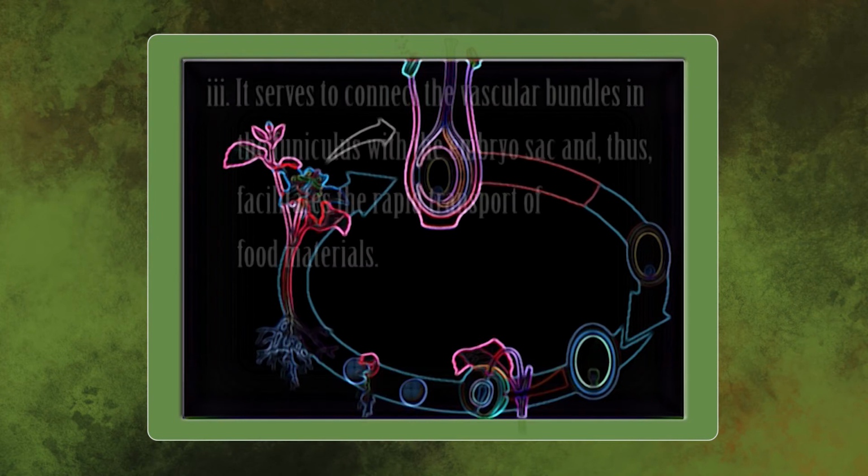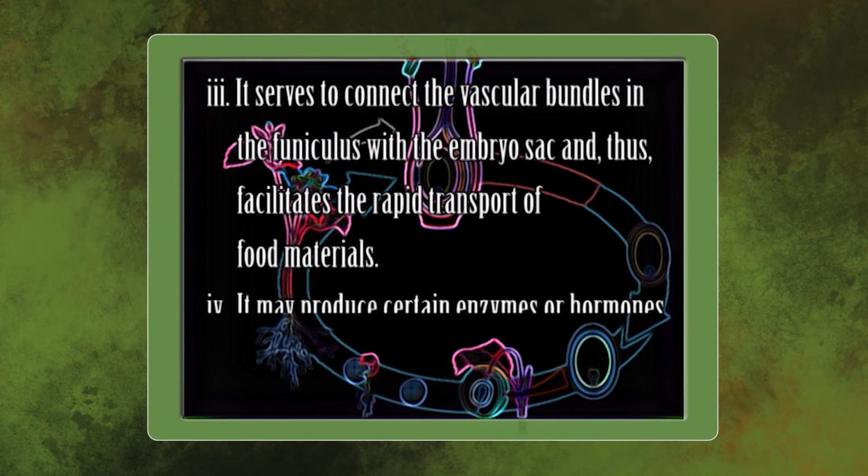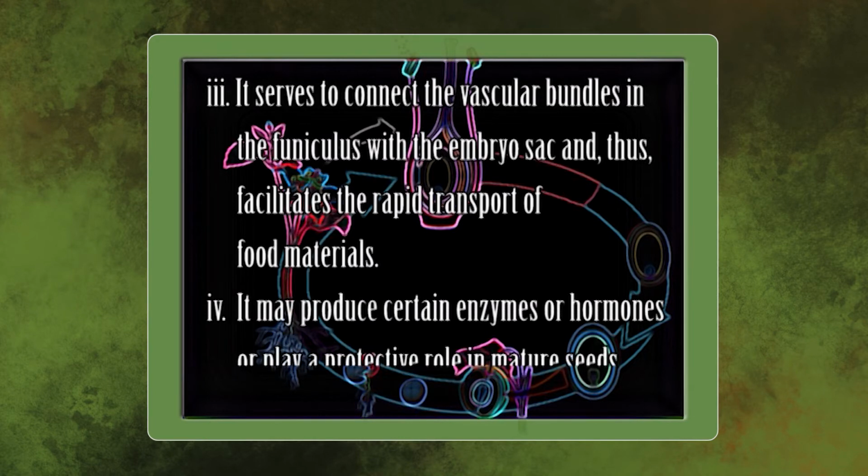Number 3, hypostase serves to connect the vascular bundles in the funiculus with the embryo sac and thus facilitates the rapid transport of food materials. Number 4, it may produce certain enzymes or hormones or play a protective role in mature seeds.